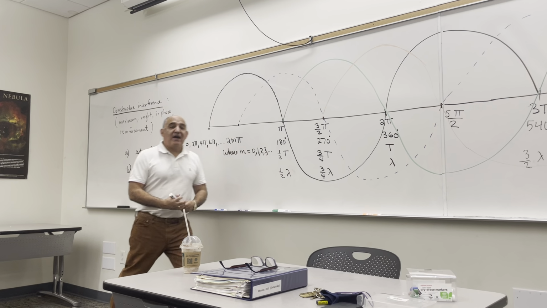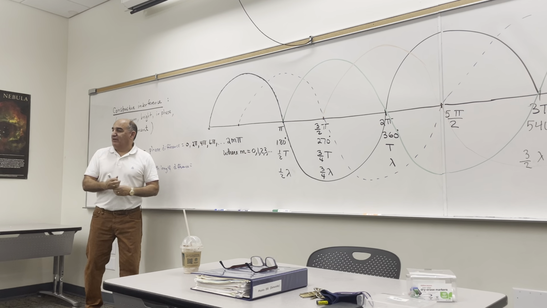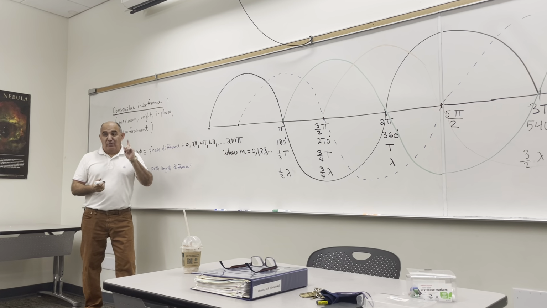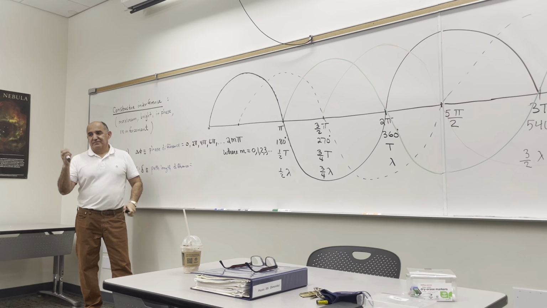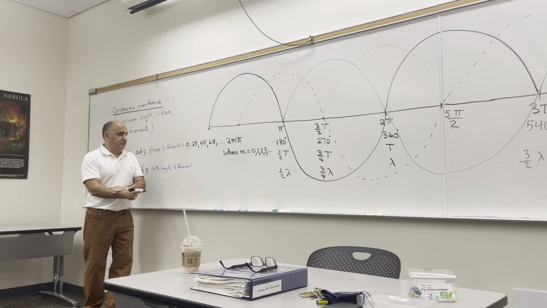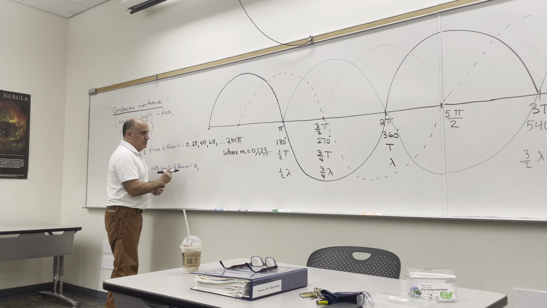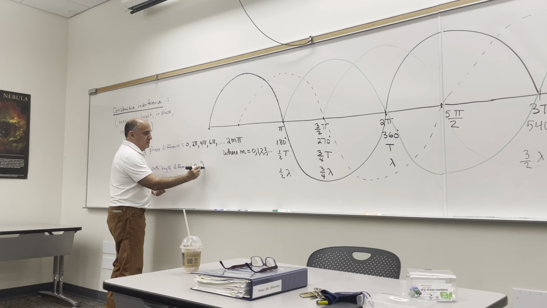Now, what would have to be the difference in the distances traveled by the waves in order for the waves to interfere constructively? 0. What else? One wavelength, right?